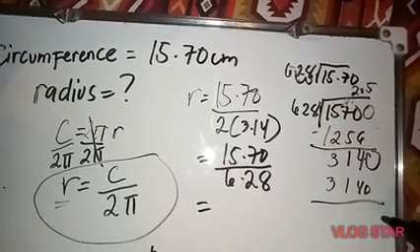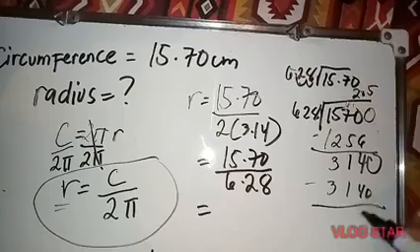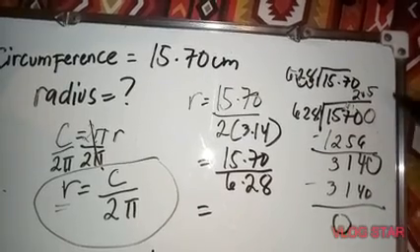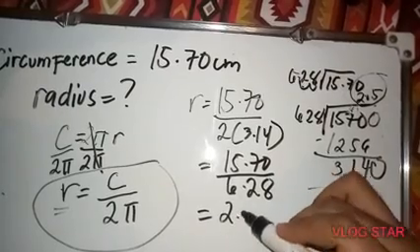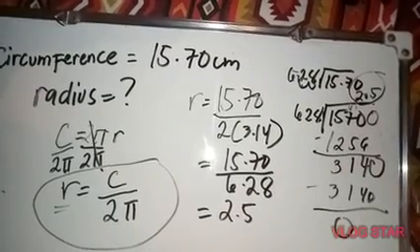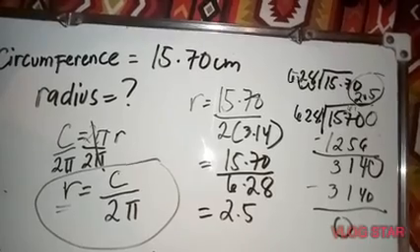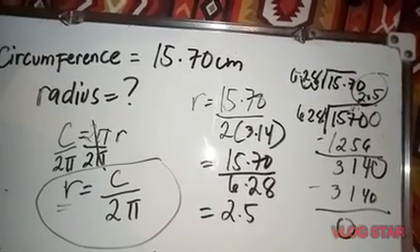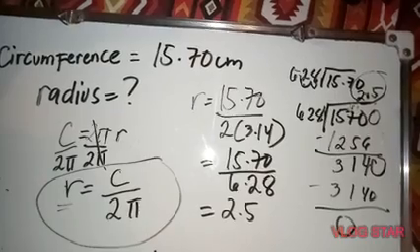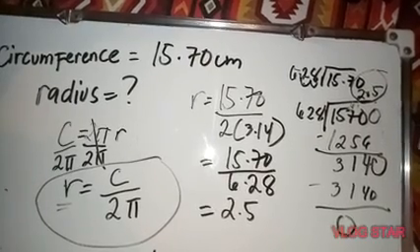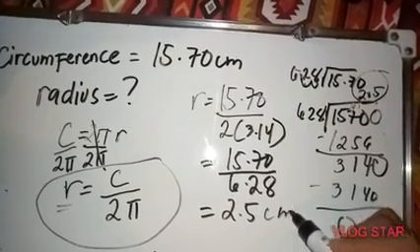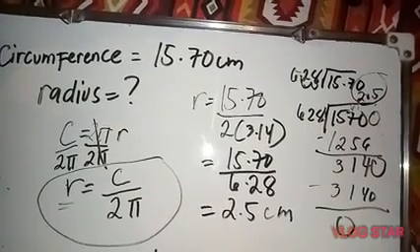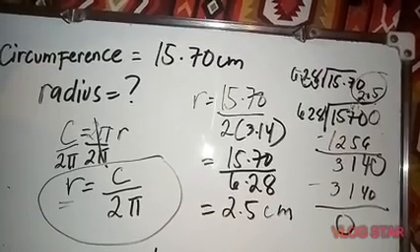So 3,140 minus 3,140 is 0. Our quotient is 2.5. So the radius of a circle with a circumference of 15.70 is 2.5 centimeters. That's how we get the radius.